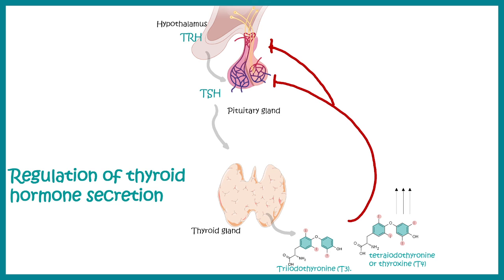As a result, the stimulation of the thyroid gland would be low and ultimately a lower level of thyroid hormones would be produced. So now we understand how overproduction of thyroid hormone can be prevented by a feedback mechanism inside our body.